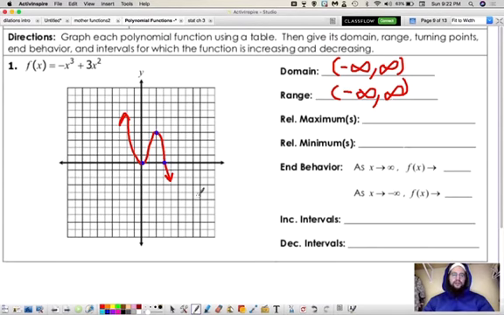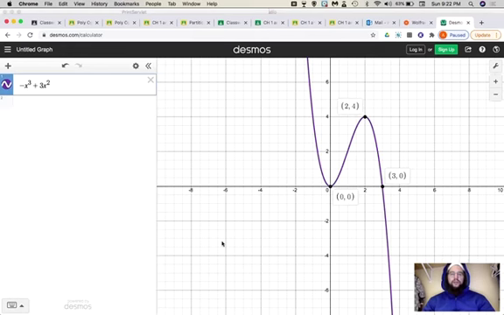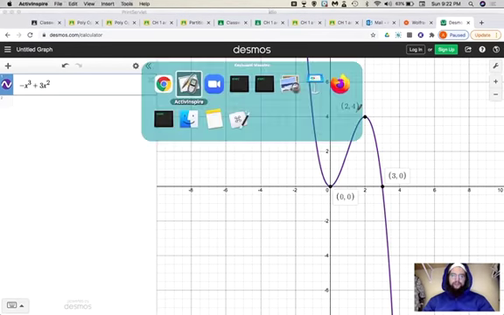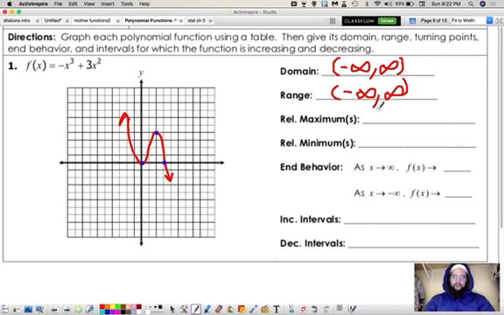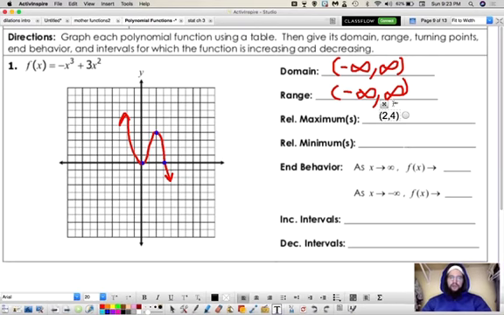I probably hope you did the same. So, what are my relative maximums? 2, 4. That's the only one. Minimums: 0, 0. That's the only one.